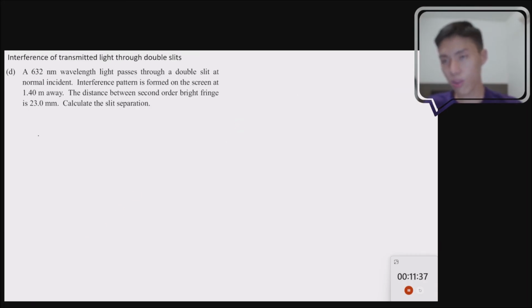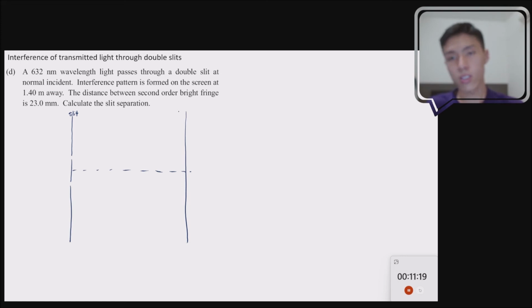Then it asks us to calculate the slit separation, which is the distance between the two slits. This question is actually quite fresh, maybe you need a little bit more explanation. So this is our double slit, and we have our screen somewhere over here.